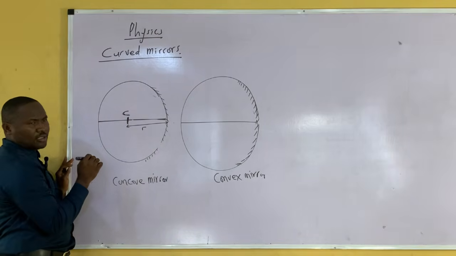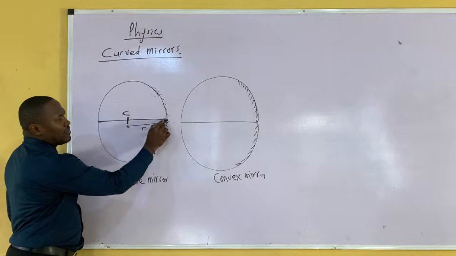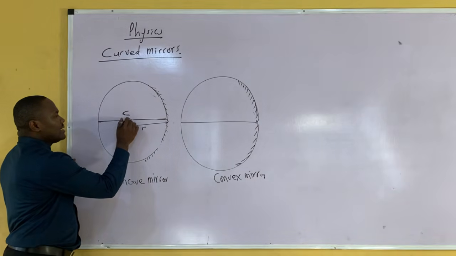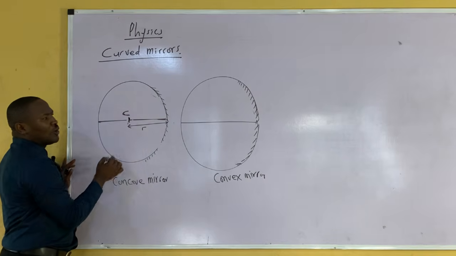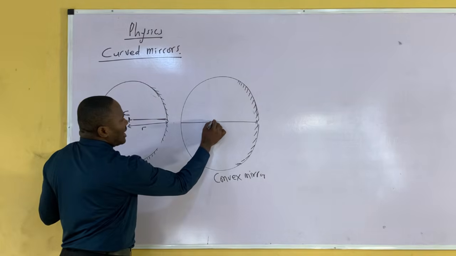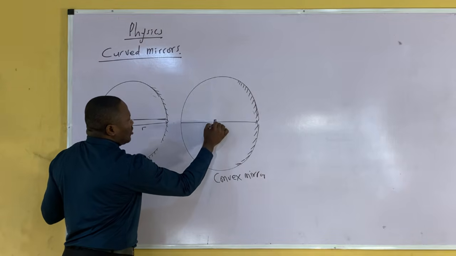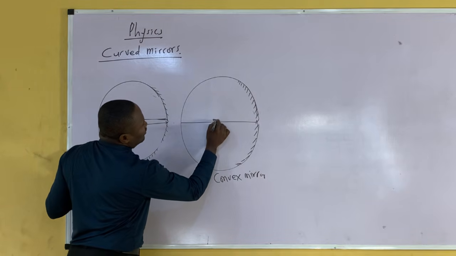I reiterate, if this is a diameter, half the diameter is called the center of curvature.